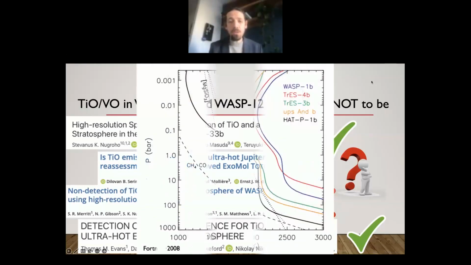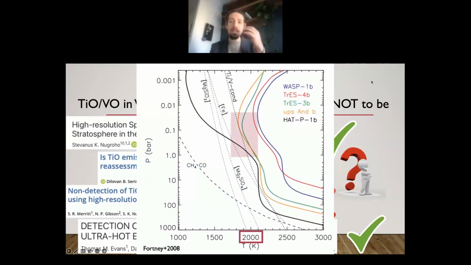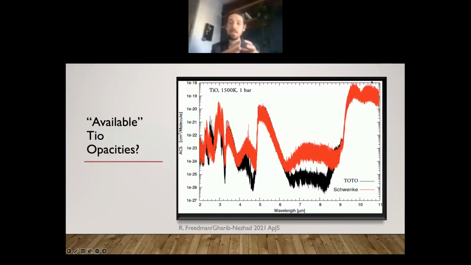Even when you look at the thermodynamic simulation, you would imagine that you could answer this question, but coming to the observation and modeling, it is a challenge, and part of this challenge comes from the differences between the line lists, between the opacity data that people use.